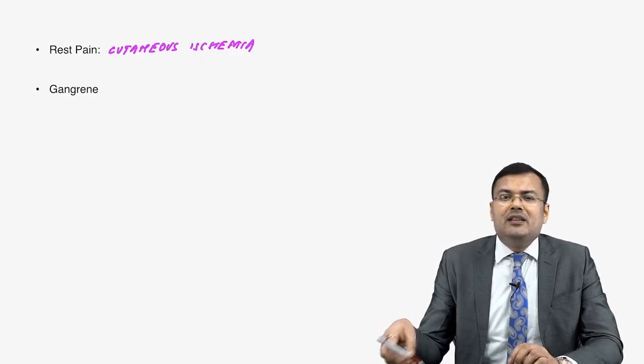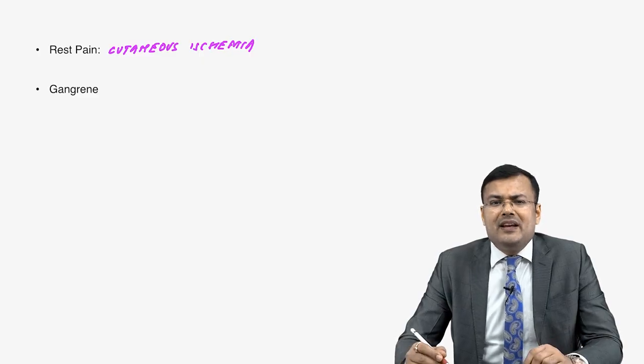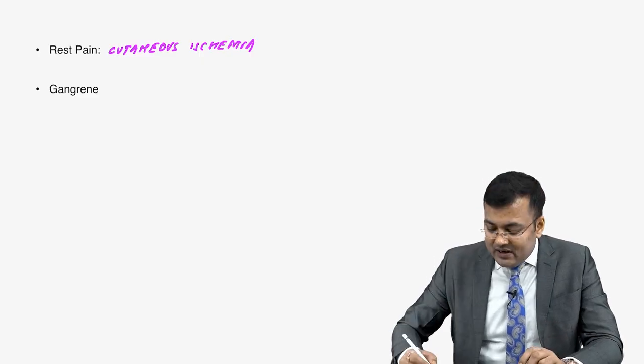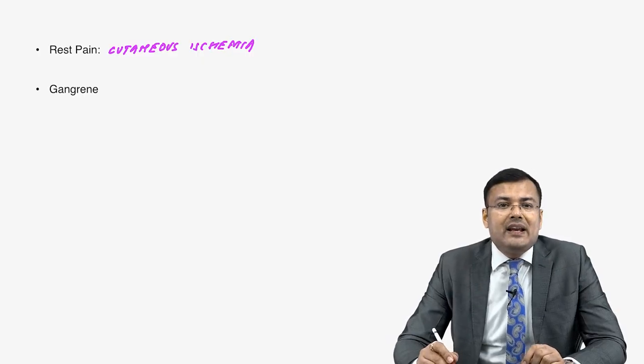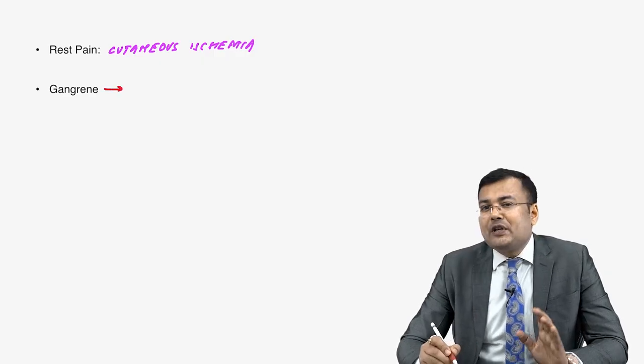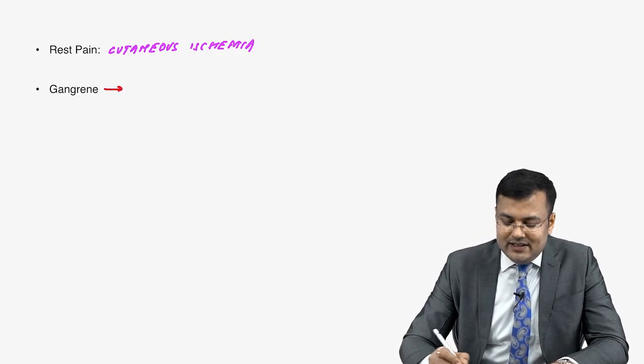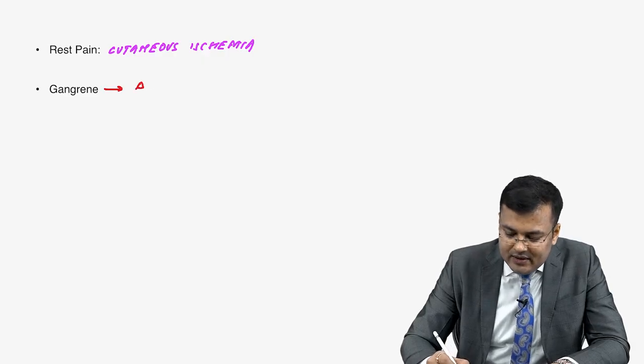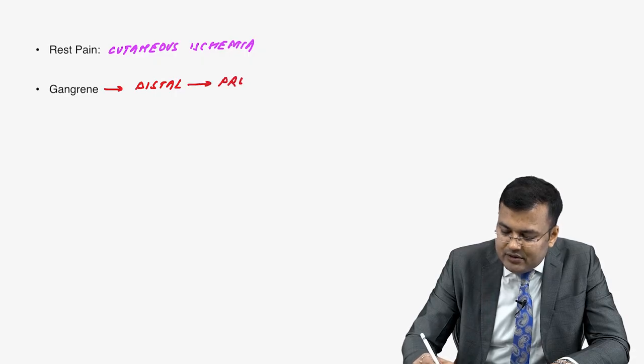Because of gravity, the blood goes to the ischemic areas. That's why there is partial relief. Ultimately, there is gangrene. And what is the progression? We discussed that it involves small and medium-sized vessels. So progression is from distal, and proceeds to the proximal region.